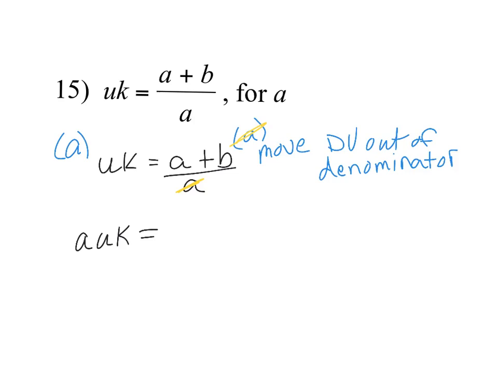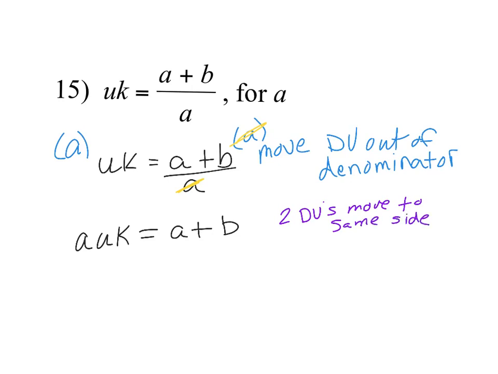That was the whole point of multiplying both sides by a, so that that a would now get out of the denominator and would now be up so that we can isolate it. So remember that if we have a designated variable in the denominator, that's one thing that needs to happen. And if you have two designated variables, you need to move them to the same side.